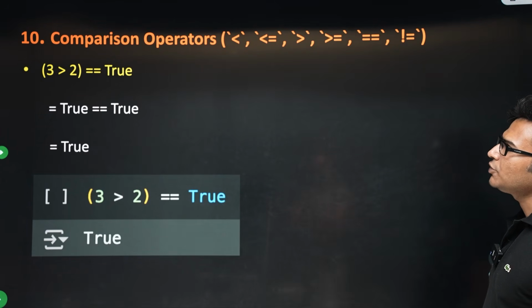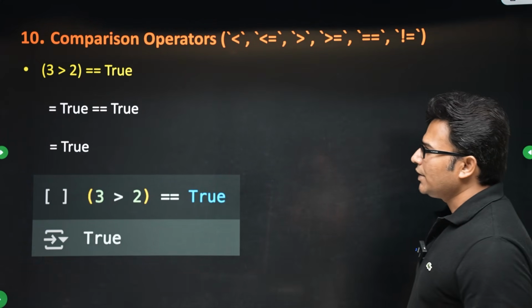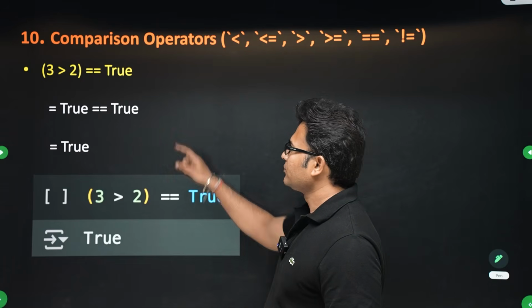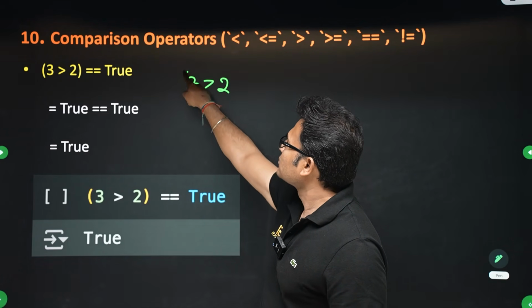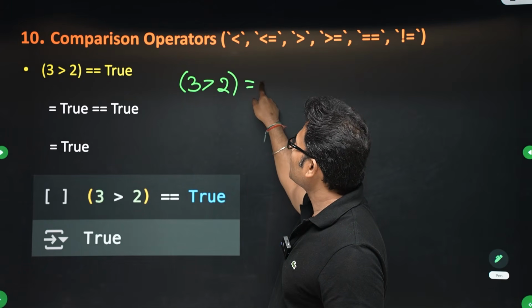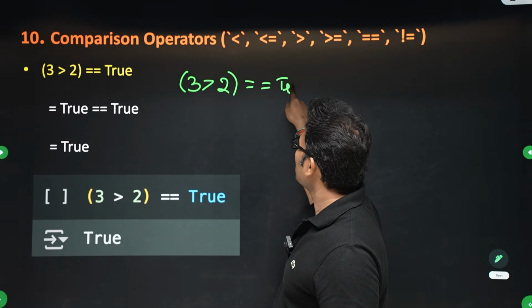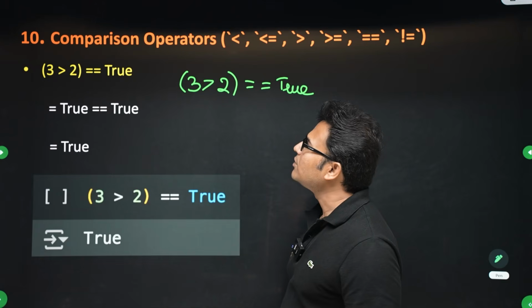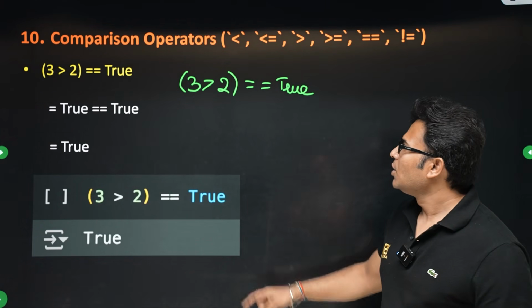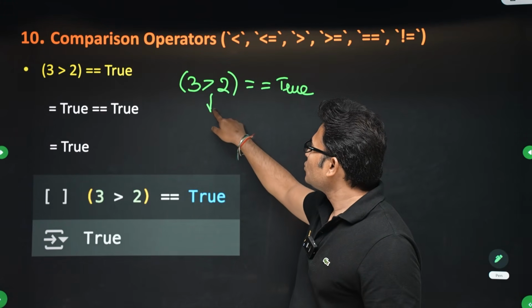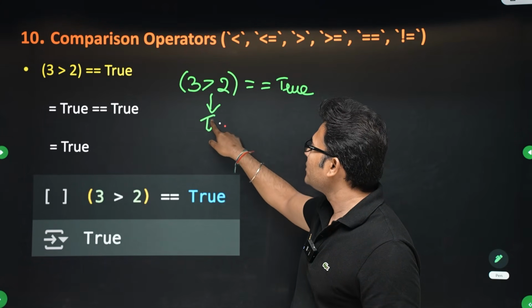Now let us see without chaining. Now let us say you have parenthesis. 3 is greater than 2 is equal to true. In this case, there will be no chaining. 3 is greater than 2 will become true.